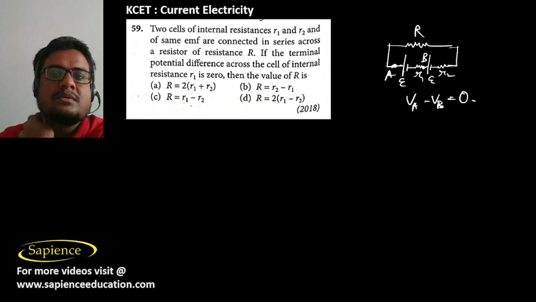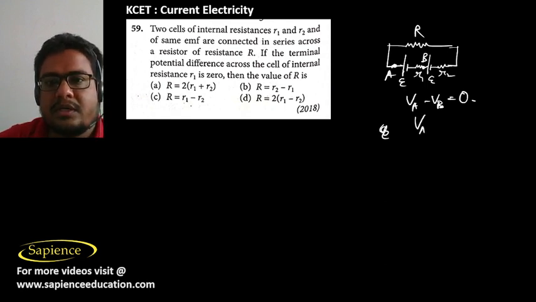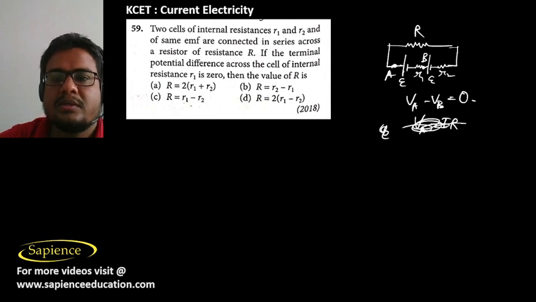If we apply KVL from here to here, how much will be the net current in the circuit?